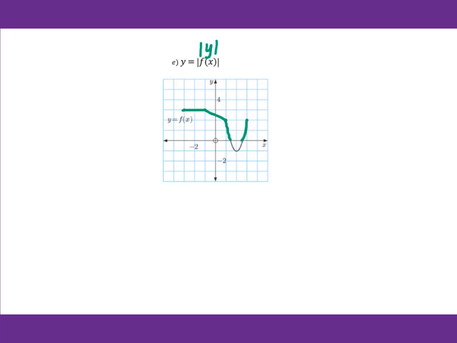Therefore, for this part, they will reflect across the x-axis like this. The green colored graph will be the final transformed function.